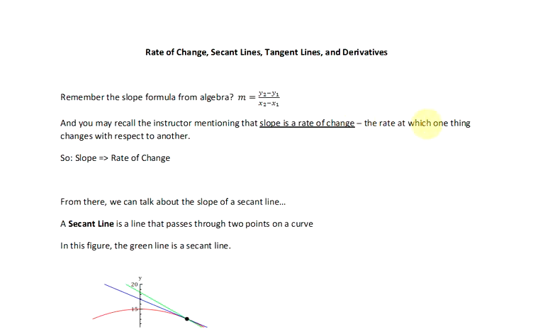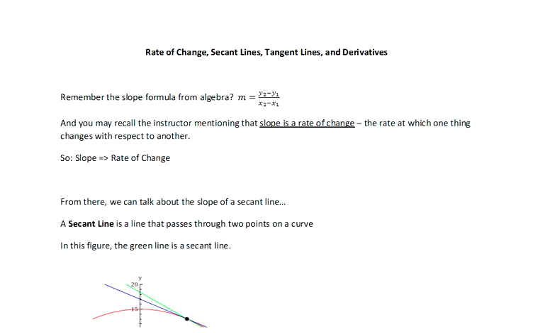A very common example of rate of change that we are all very familiar with is miles per hour. So in other words, the rate at which our distance is changing over time. So as we go through this tutorial, keep in your brain that slope is just a rate of change.